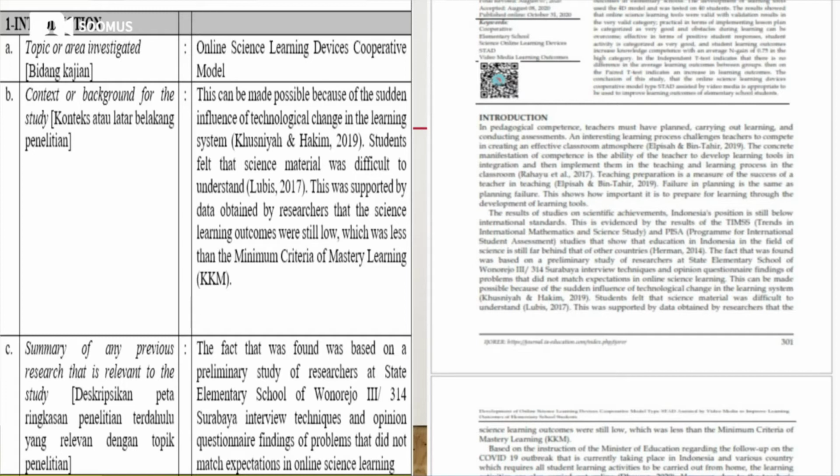And then the third one is summary of any previous research. This is the summary of previous research that we can find in this introduction.